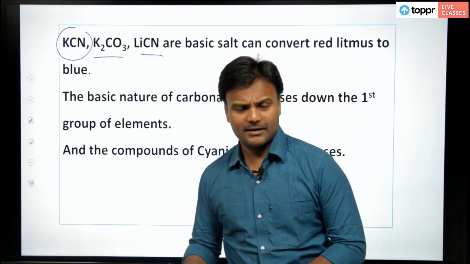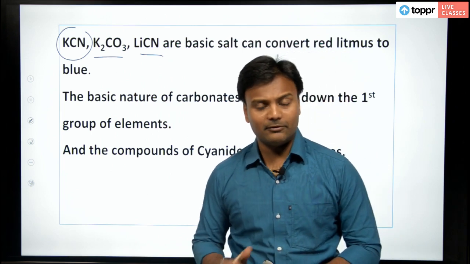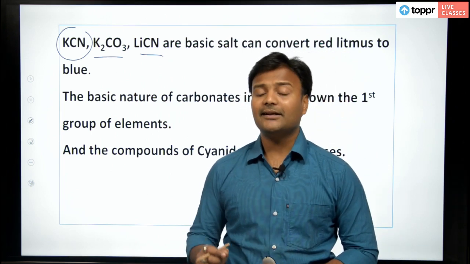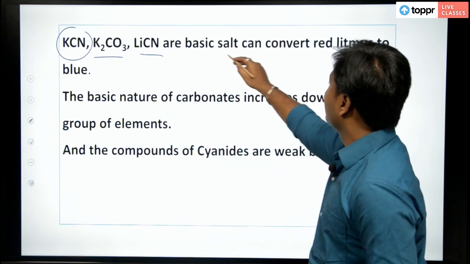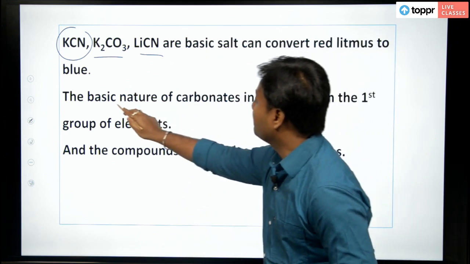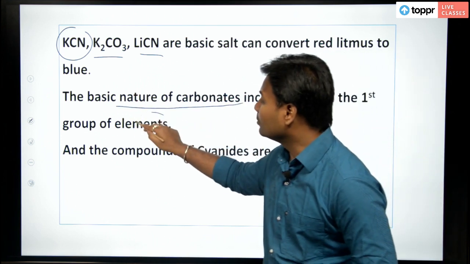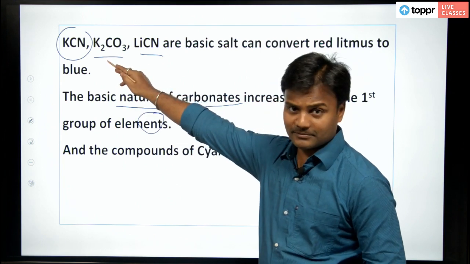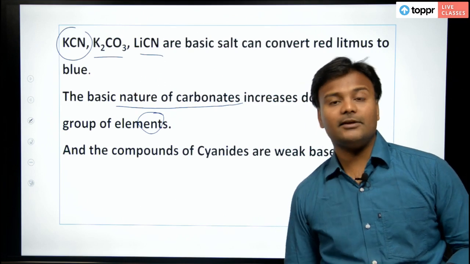Though we are studying this in the ionic equilibrium chapter, you should have a little bit of knowledge of inorganic chemistry as well, because the basic nature of carbonates usually increases down the group. So potassium carbonate is basic. Not only that, basic nature usually increases if you move down the group.